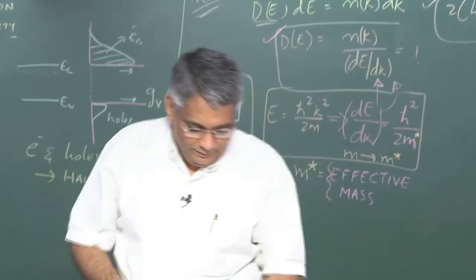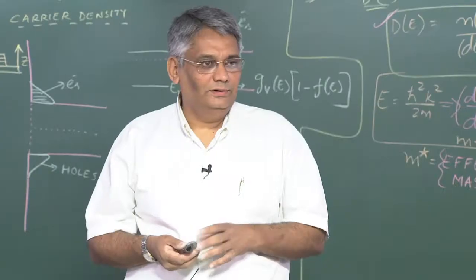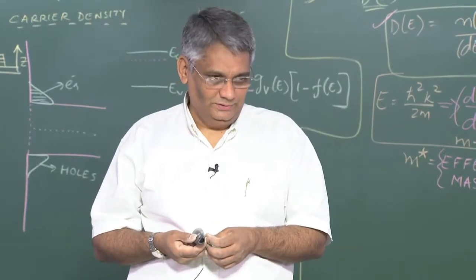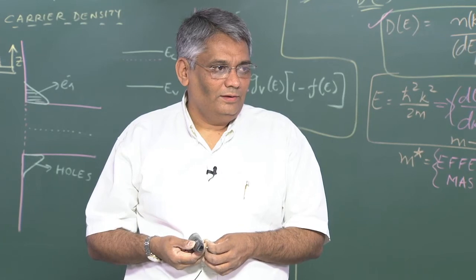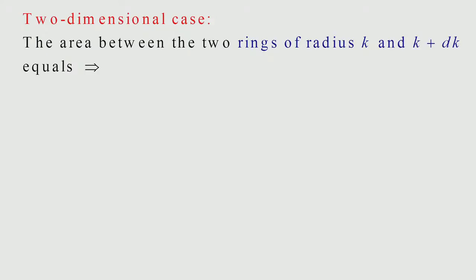Now, what is the area between the two rings in the two-dimensional space with radius k and k plus dk? What will be the area there?